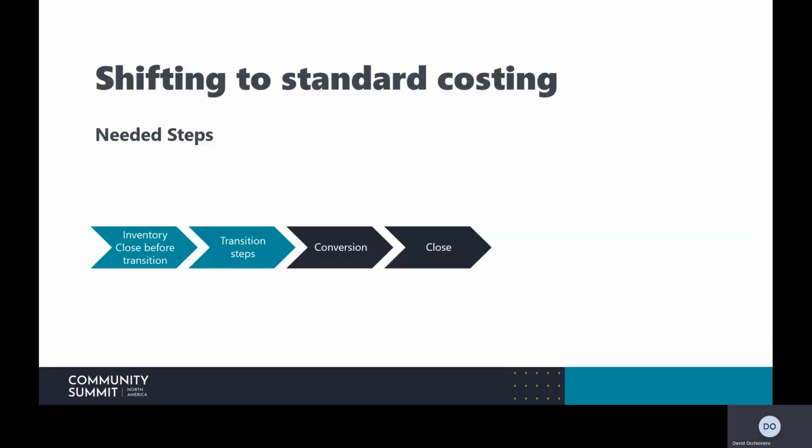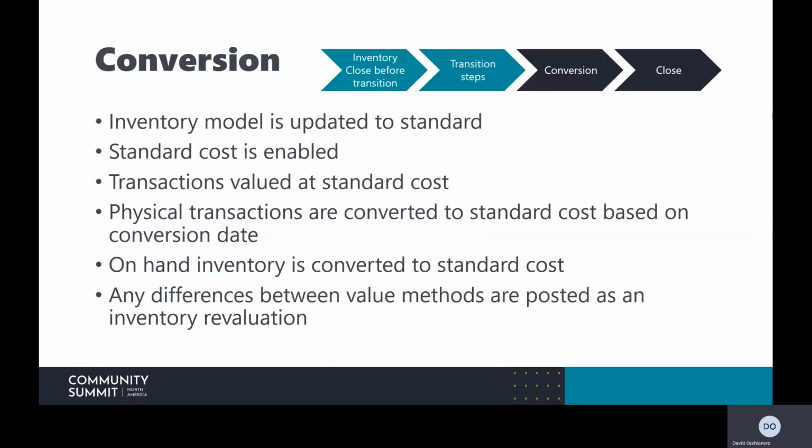So now we're going to talk about conversion and close. After the conversion process is successfully completed, the inventory model for each item is based on standard cost and the item standard cost is enabled. Subsequent inventory transactions will be valued at the item's standard cost.